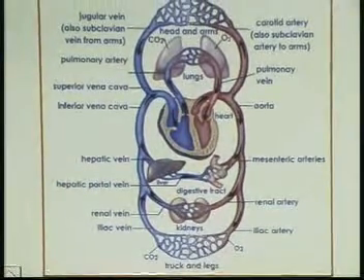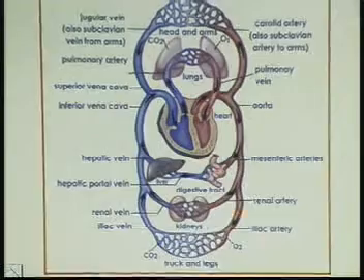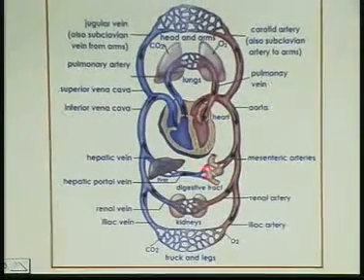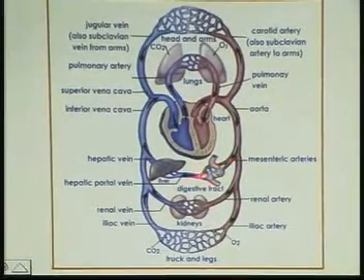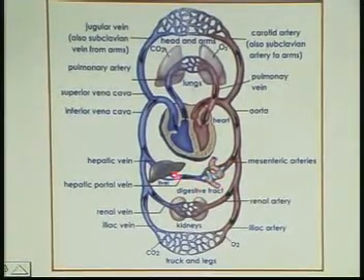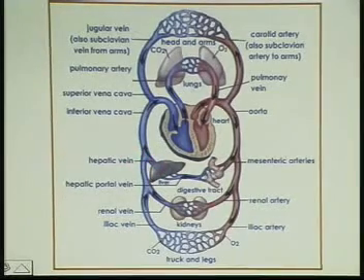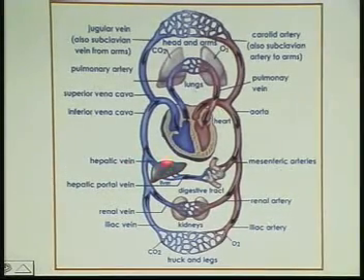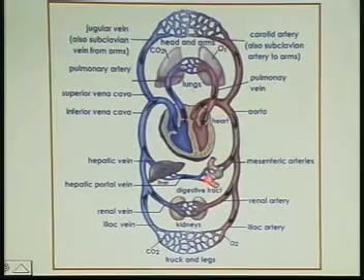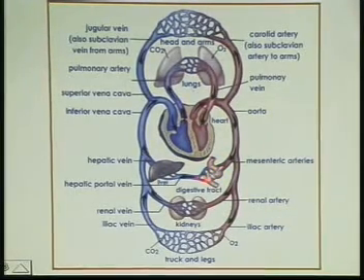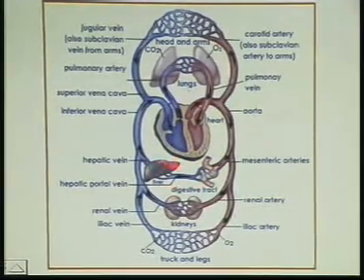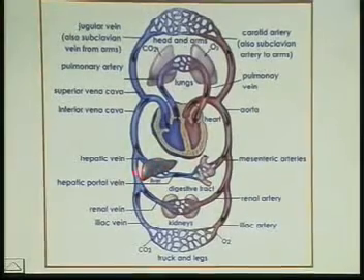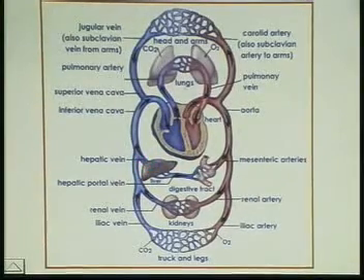It's twice that the arteries are breaking up into a set of capillaries, once in their respective organs, then they unite, they reach the liver, they divide into capillaries. The main reason for this is when they come from the intestine, they are carrying absorbed food materials like glucose, which they deposit in the liver to be stored as glycogen.